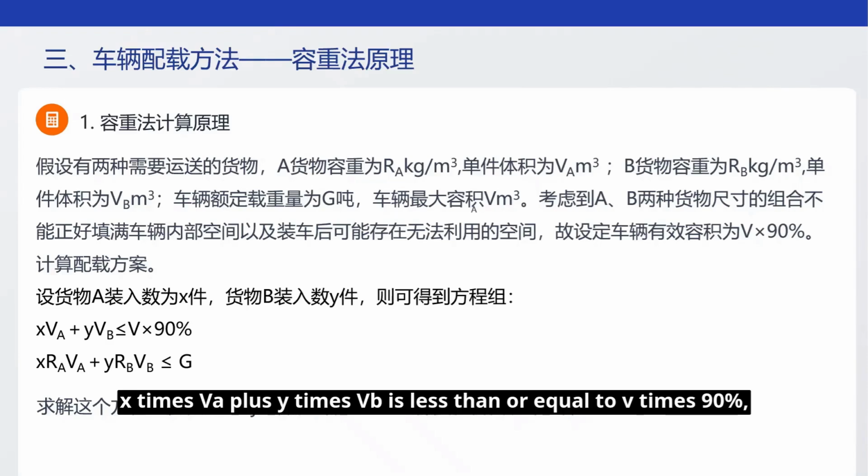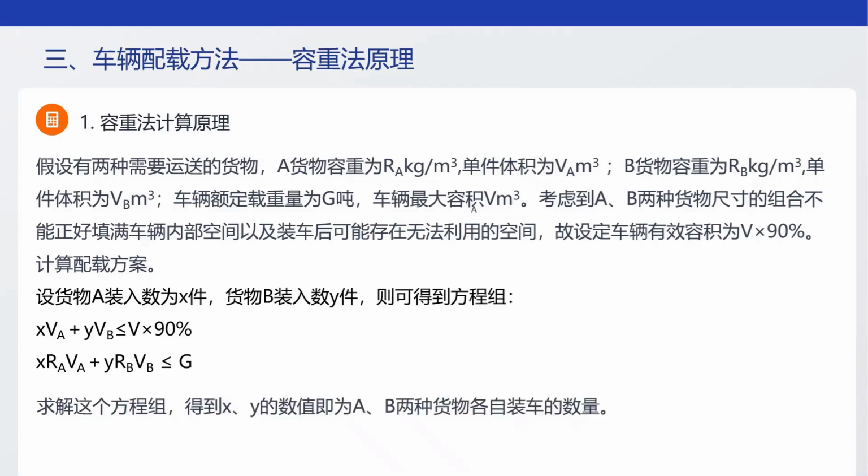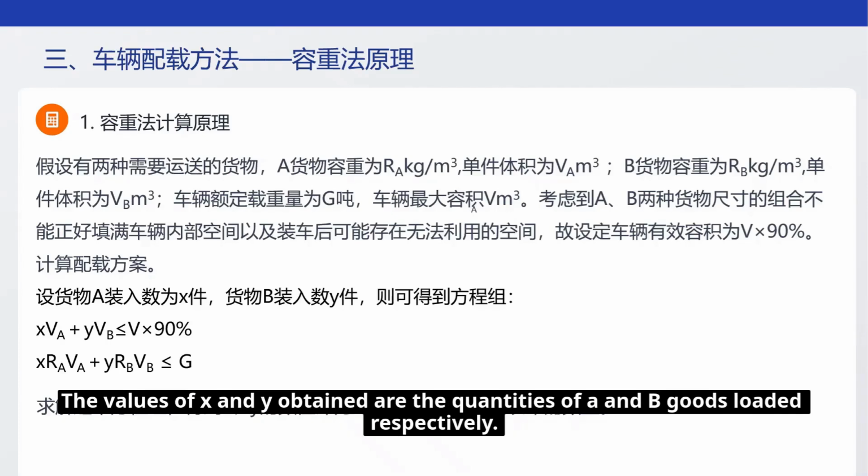X times Va plus Y times Vb is less than or equal to V times 90%. X times Ra times Va plus Y times Rb times Vb is less than or equal to G. To solve this equation set, the values of X and Y obtained are the quantities of A and B goods loaded respectively.